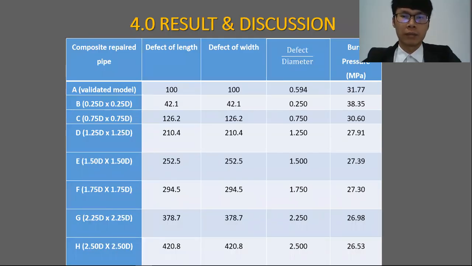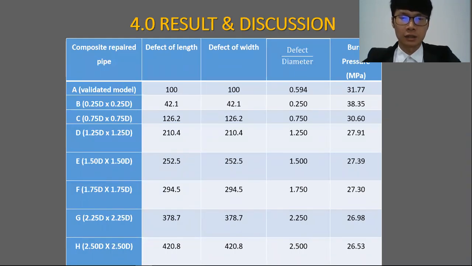Next is my result and discussion. There are a total of 7 different combinations of defect length and width models created, with the smallest, 42.1 millimeter defect length times 42.1 millimeter defect width, having the largest burst pressure of 38.35 megapascal.